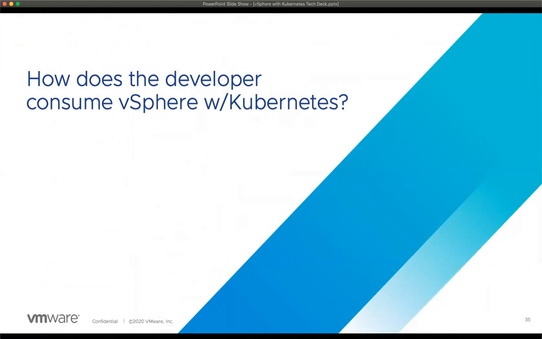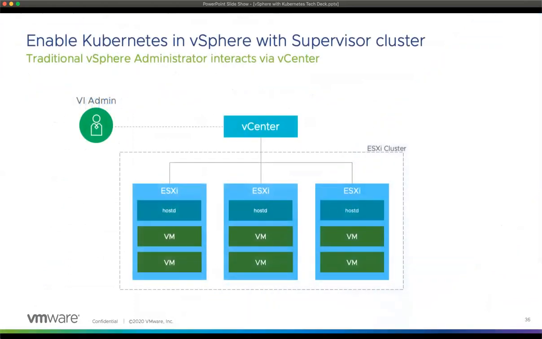So how does the developer consume vSphere Kubernetes? One of the questions I always got was, how can I limit what people are logging into vCenter? Kubernetes is going to be able to address this for a lot of people, especially developers. So today, the vSphere admin speaks to vCenter.